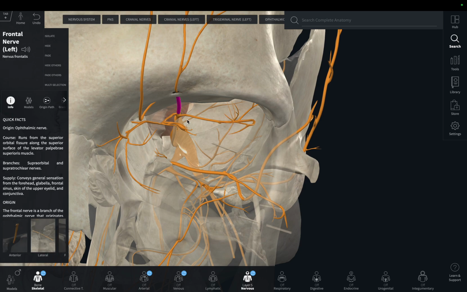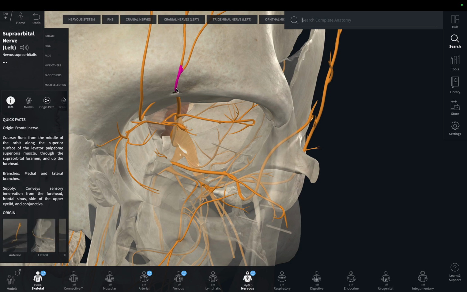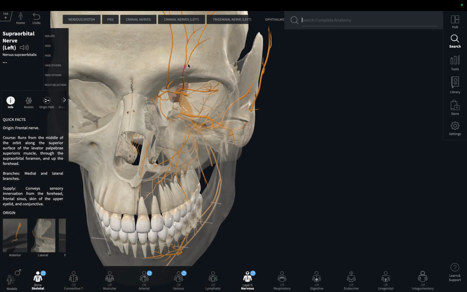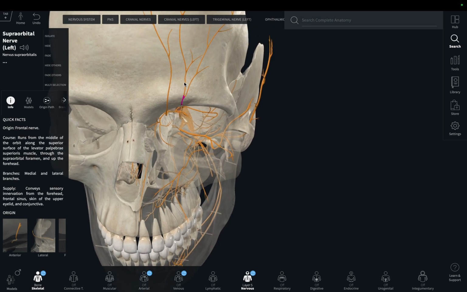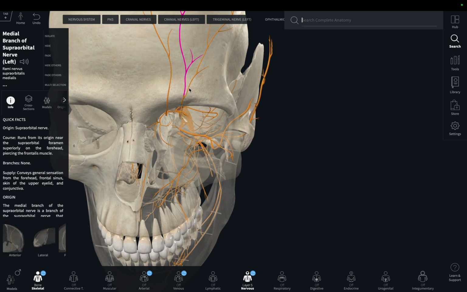The frontal nerve from the ophthalmic division runs from the superior orbital fissure along the superior surface of the levator palpebrae superioris muscle. It gives off two branches: the supraorbital nerve, which runs through the supraorbital foramen, which is here, and gives off two more branches: the medial and lateral branches.